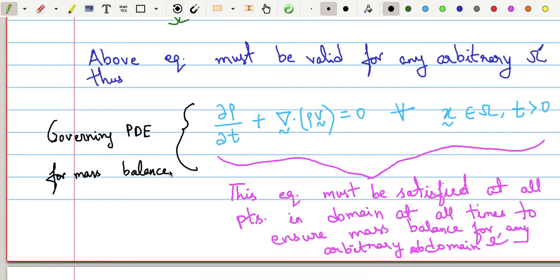So this equation must be true in any problem that you consider, irrespective of what material you are dealing with, irrespective of whether this is transient or steady state, irrespective of whether this is solid, liquid or gas. This equation must be valid in all problems in order to ensure mass balance. So this is the mass balance PDE.